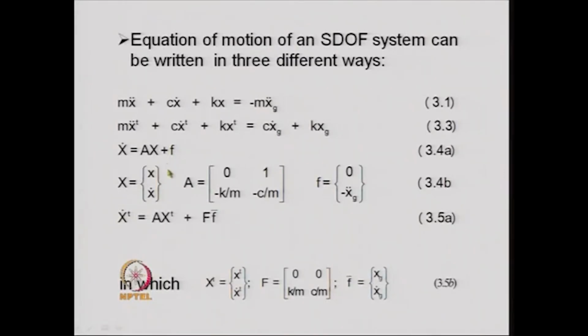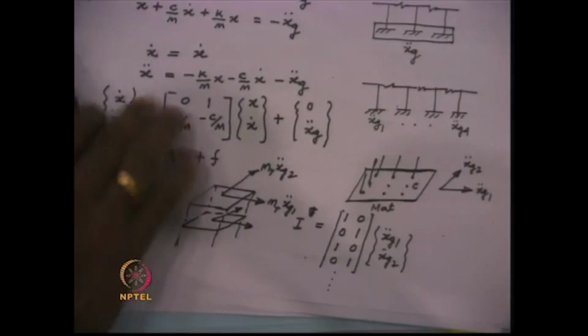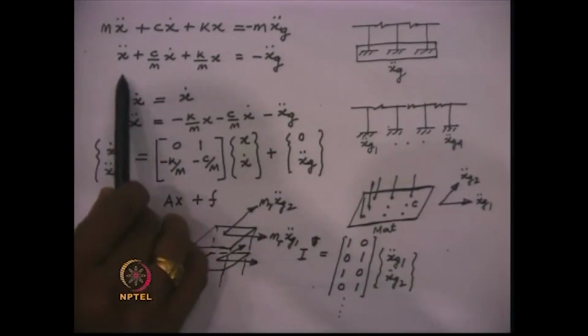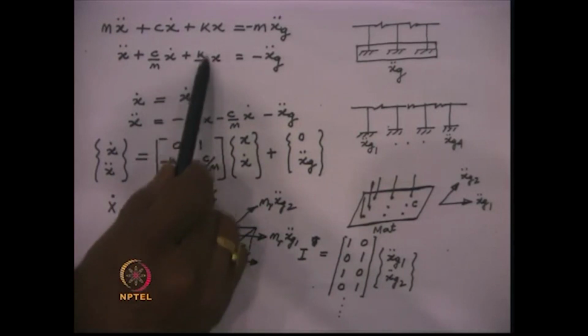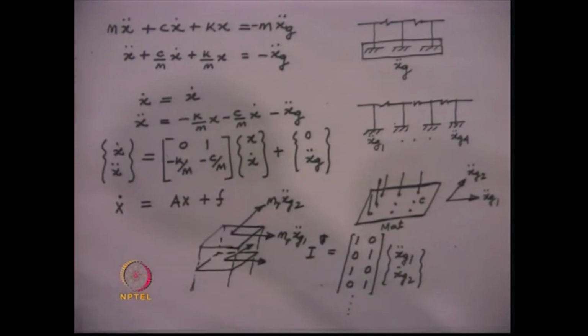Let us now try to derive this A matrix and the F matrix. For that, what we do is divide this original equation by m. We have c by m and k by m instead of c and k; m on this side vanishes.